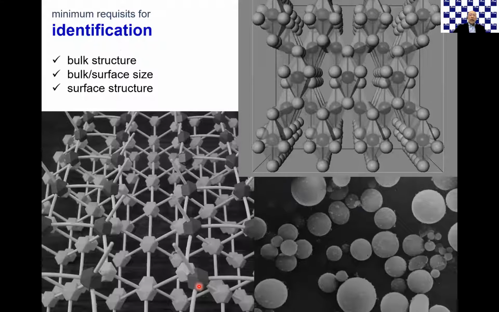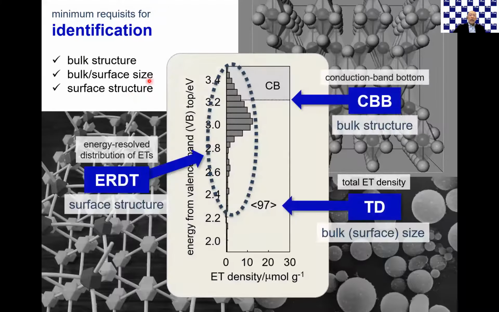So at least we need to know the information of bulk structure, bulk or surface size, and surface structure. By determining all these properties, it is possible to identify the solid materials. And the ERDT pattern reflects the surface structure. It is impossible to say what the real surface structure is only by seeing ERDT, but actually the ERDT pattern reflects the surface structure.